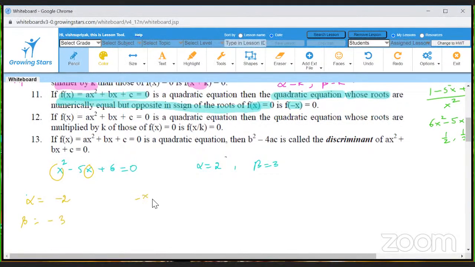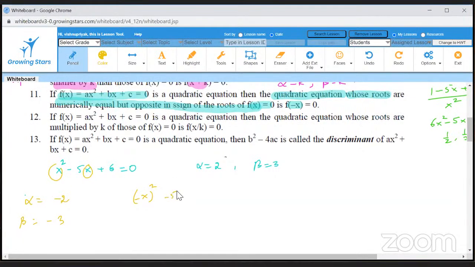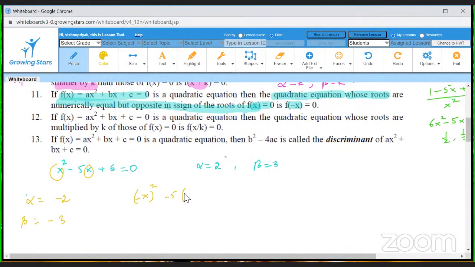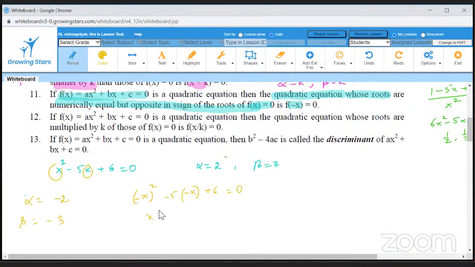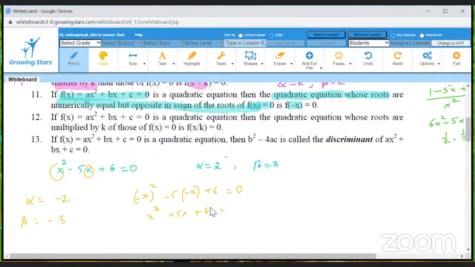So minus x whole square minus 5 into minus x plus 6, nothing to substitute here, equal to 0. Or x square plus 5x plus 6 equal to 0. So this is how you will be using these formulas.